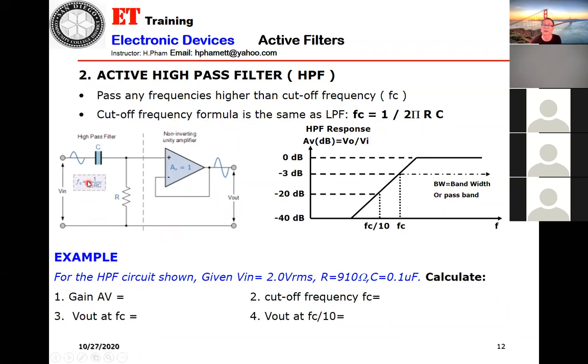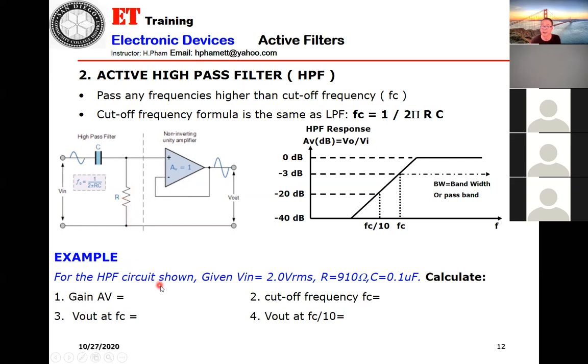Okay, now they give you that one. What's the name of the op-amp? Unity gain. Gain equals 1. They add the capacitor and resistor, they just change the position. If R here, C here, it's low pass. Now C here, R here, it's high pass.